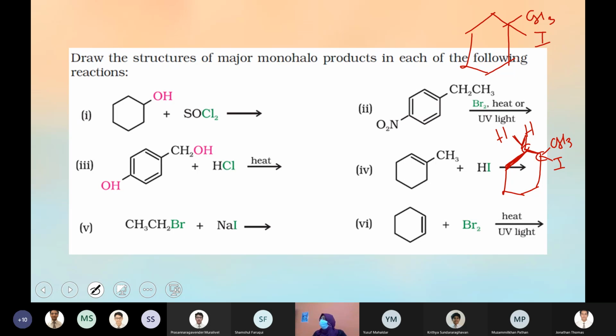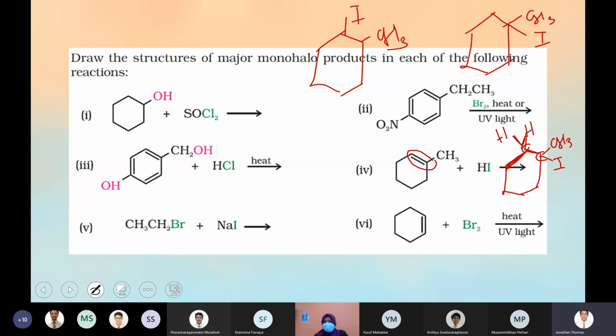So if you're doing it the other way like this, CH3 and iodine, then it is a minor product. Iodine getting added to the other carbon. So here Markovnikov's addition is to be followed based on the substituent or the number of hydrogen atoms on the carbon in the double bond. Only these 2 carbons will have changes because that's where you are getting added. The substituent is getting added on those carbon atoms.